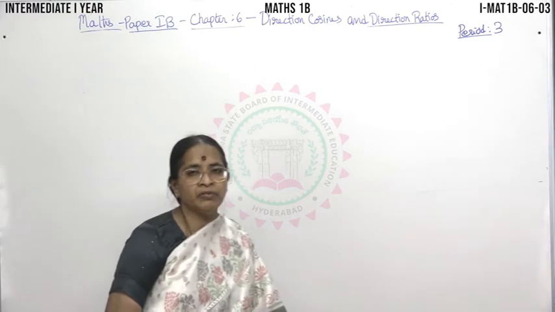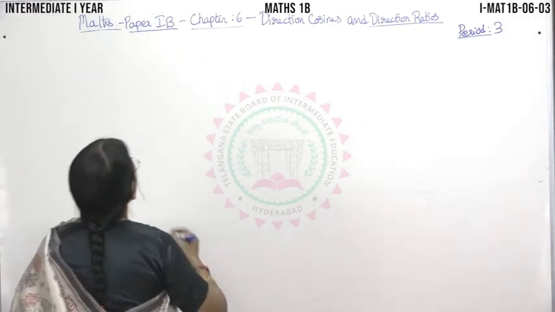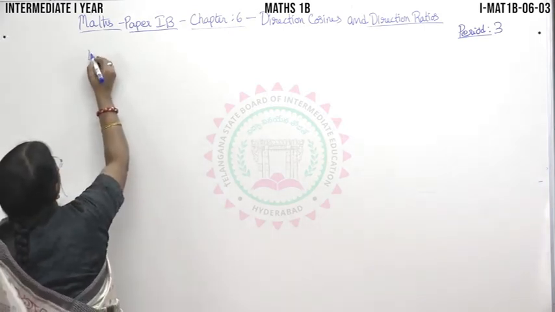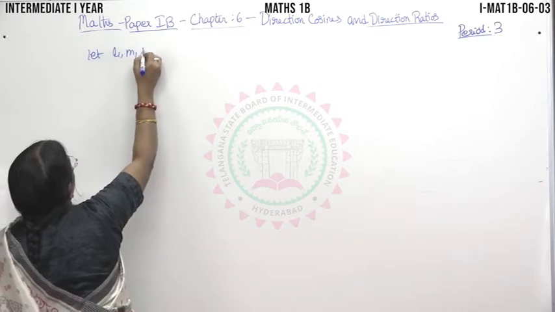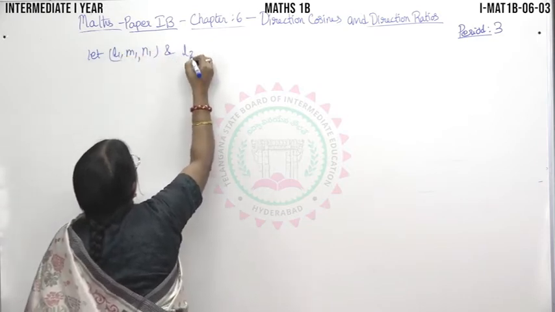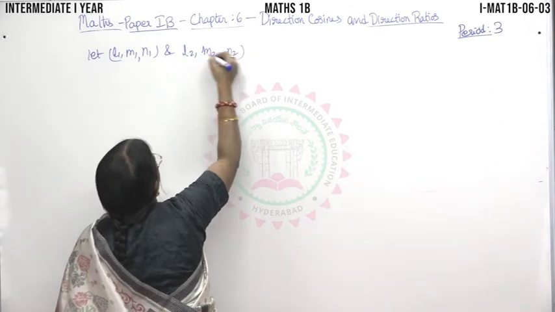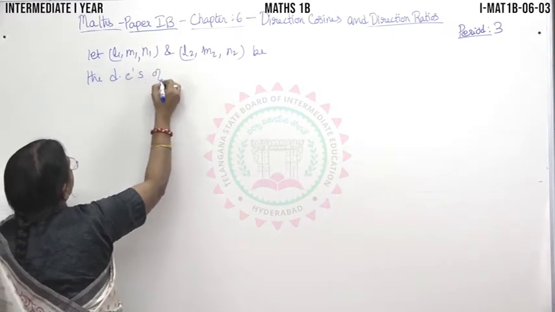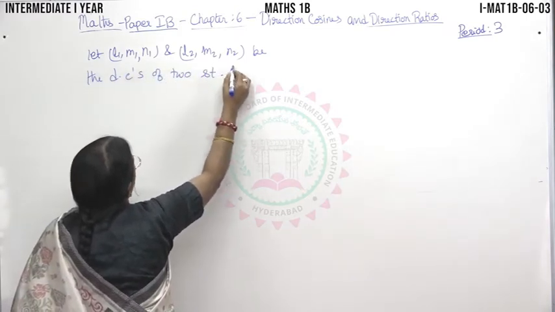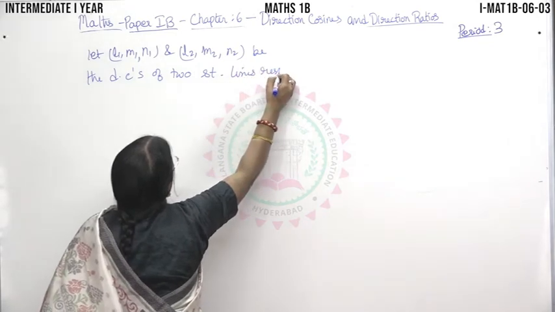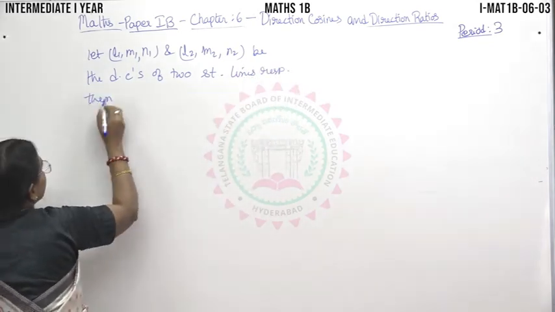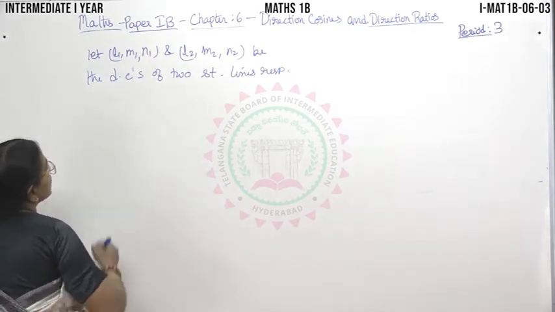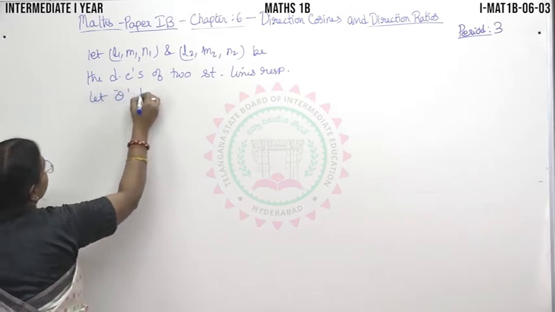Now we'll write the formula for angle theta between the two lines when direction ratios are given and direction cosines are given. So suppose that L1 M1 N1 and L2 M2 N2 be the direction cosines of two straight lines respectively, and let theta be the angle between them.